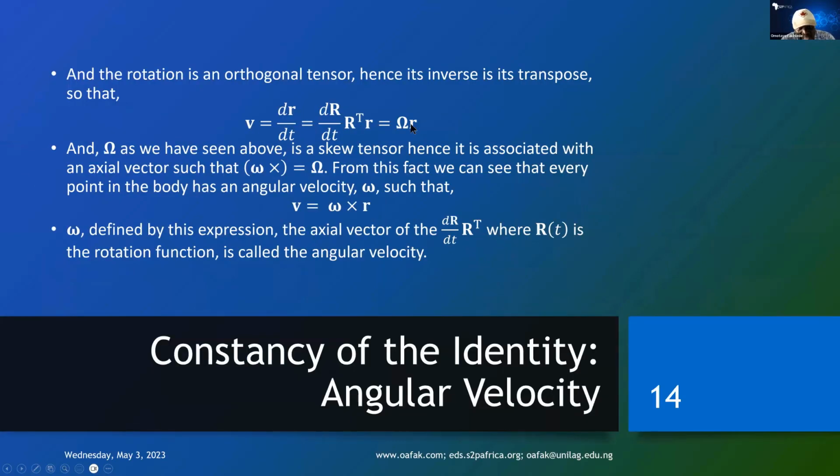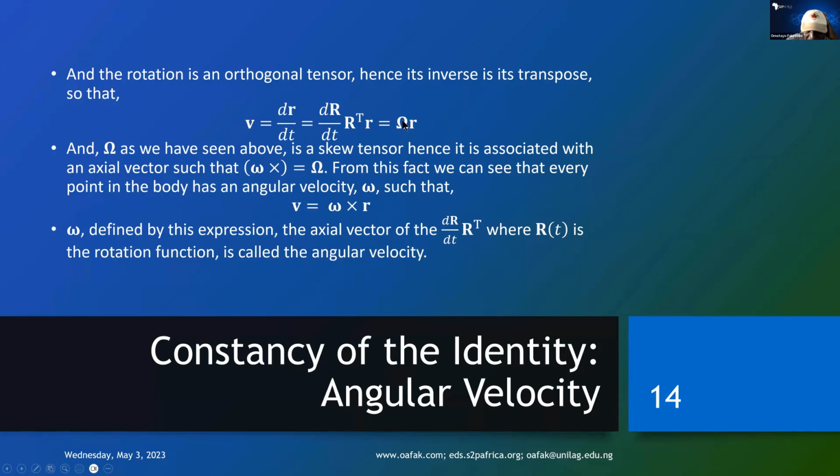But because omega is a skew tensor, and every skew tensor has a vector cross, go back again and remember that if this is a skew tensor, then there exists an omega cross. So if you replace this big omega with its omega cross, you now find a proof that velocity is simply omega cross R. It's just an effortless thing because we first of all proved that omega must be skew.